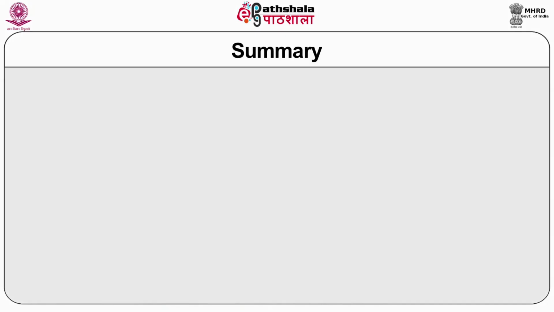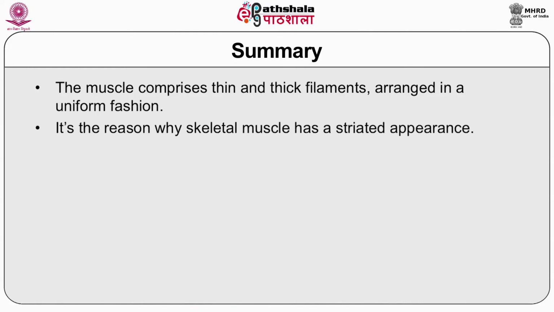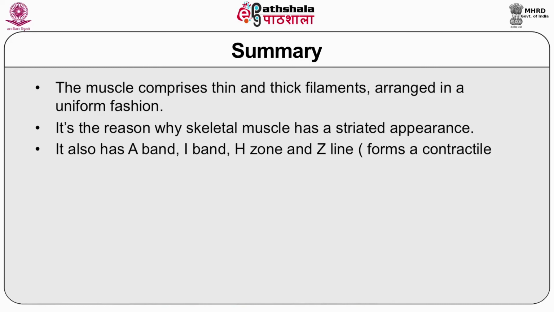Now, let us summarize. The muscle comprises thick and thin filaments which are arranged in a uniform fashion, and it is the reason why skeletal muscle has a striped appearance. It also has the A band, I band, H zone and Z line. Now, the Z line forms the boundary of the contractile unit of the sarcomere.